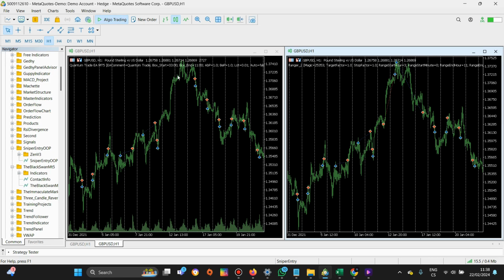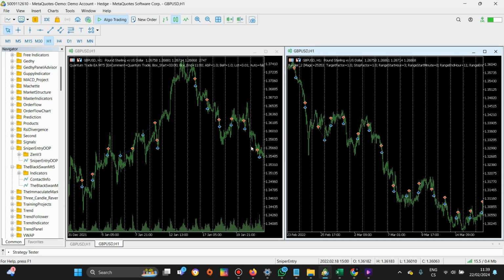So I said, okay, let's check the next positions, if they are still the same, or if the EA changed in some way. And so we can check for ourselves. 3 positions right here, 3 positions right here. So exactly the same.